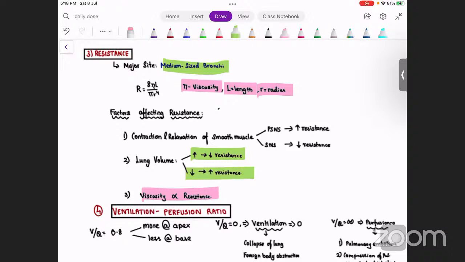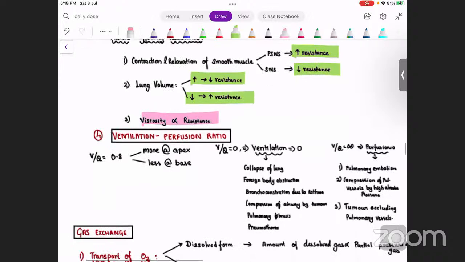Then muscle contraction is mediated by the sympathetic and parasympathetic systems. Parasympathetic causes bronchoconstriction, so there is an increase in resistance, and whenever the sympathetic nervous system acts, there is dilation, so you see a decrease in resistance.